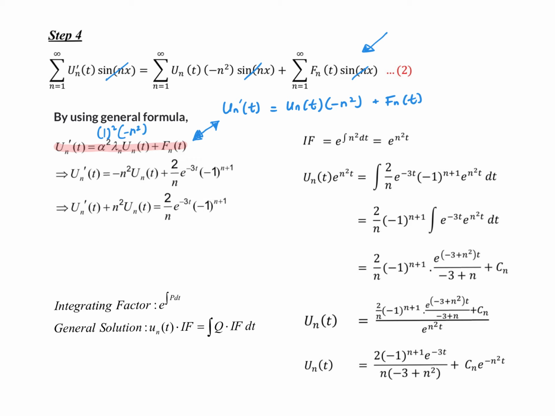where we have u_n'(t) is equal to -n^2 u_n(t) + 2/n e^(-3t) (-1)^(n+1). So we just bring -n^2 u_n(t) to the left side and we'll get this one.